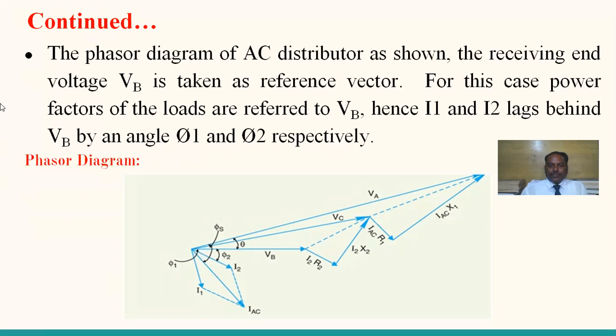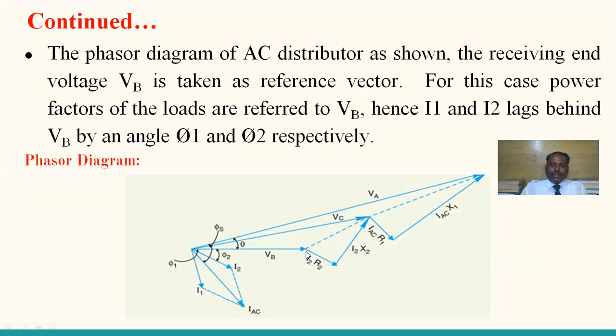And for this case, the power factors of the loads are referred to VB. Hence, I1 and I2 lag behind VB by angles φ1 and φ2 respectively. You see that I1 lags by φ1 and I2 lags by φ2, and the total current lags by φs, the phase angle between Vs and Is.